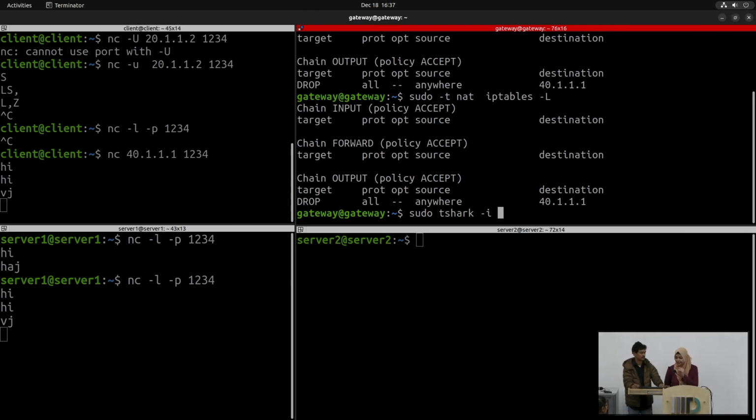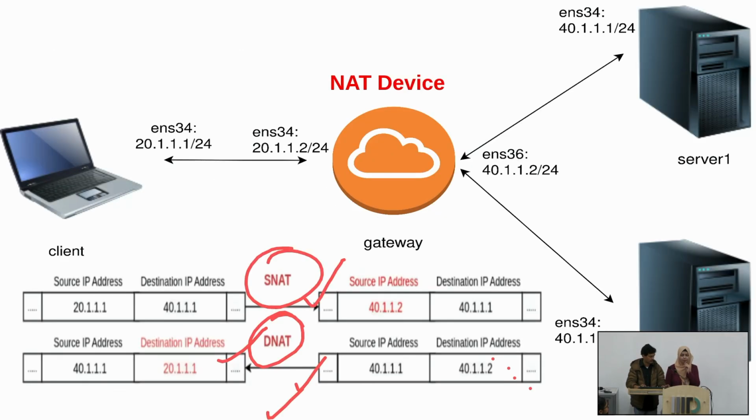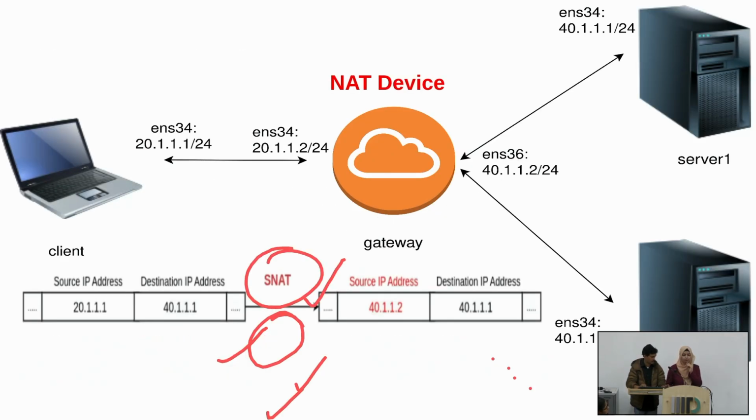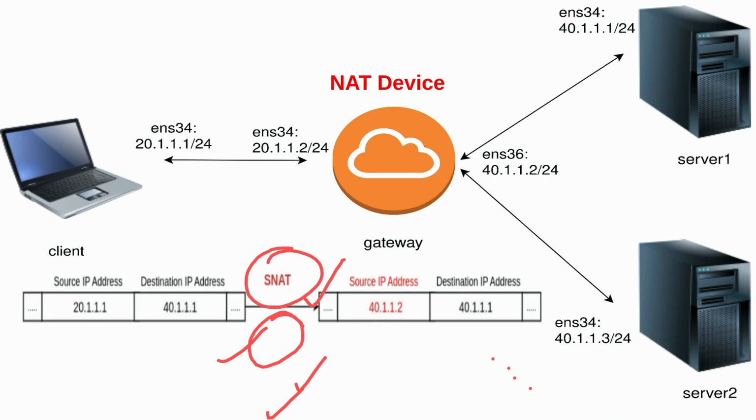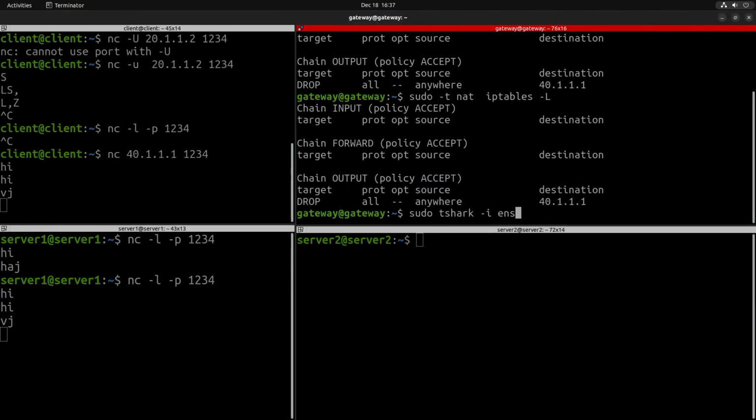Very correct. Yeah, T-shark. We'll use T-shark to observe that the address has changed now. And on which port should we run? On the left port of the gateway or the right port? Shall we show you the diagram? On ENS 34 or 36? 36, right?